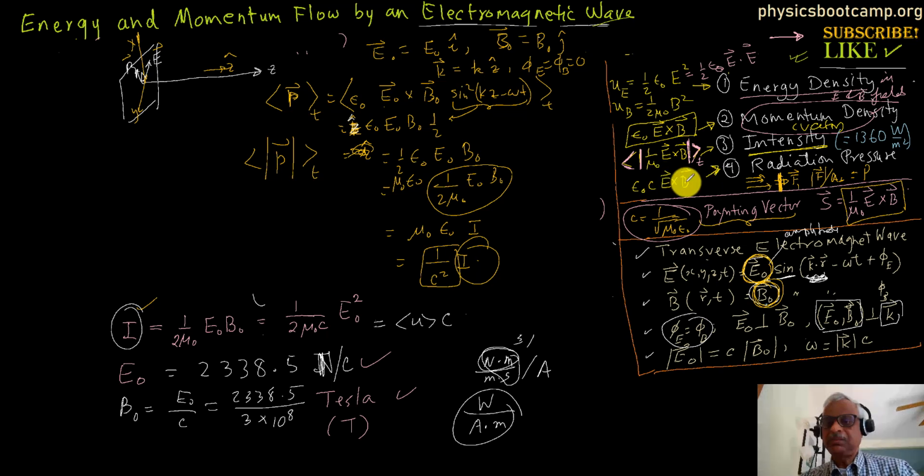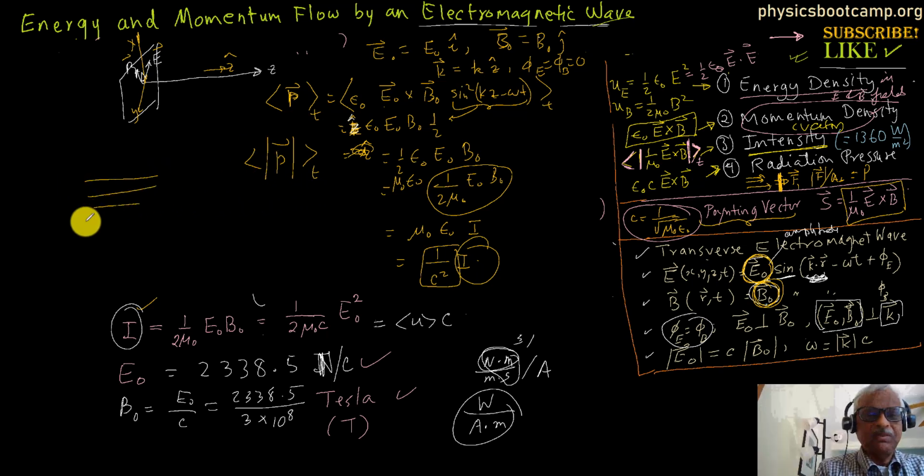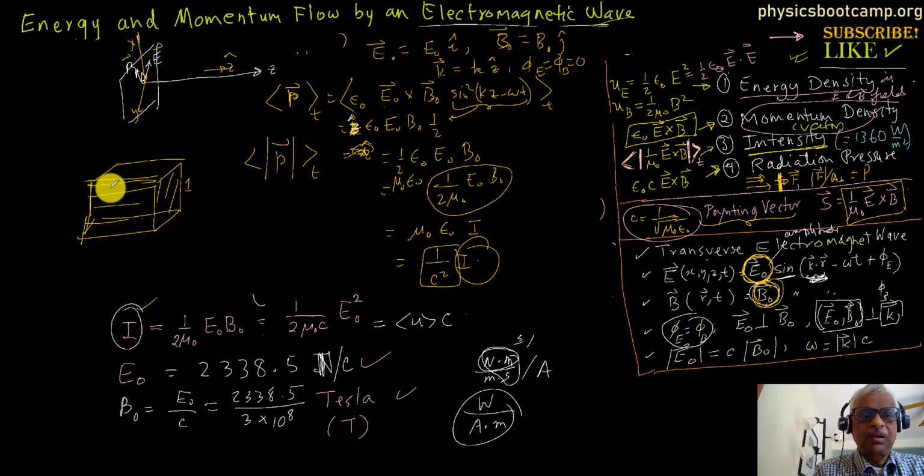The radiation pressure will come from this. The wave is traveling that way, and I take one unit of area, A. How much of this momentum is coming onto this?